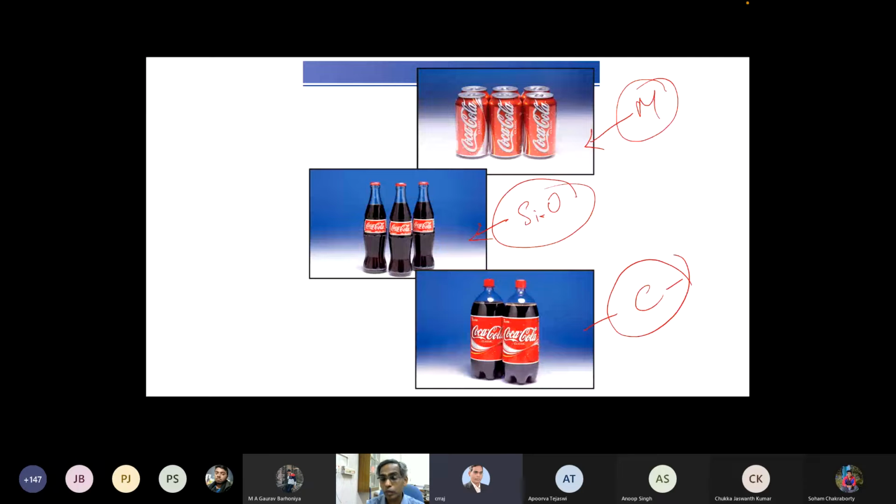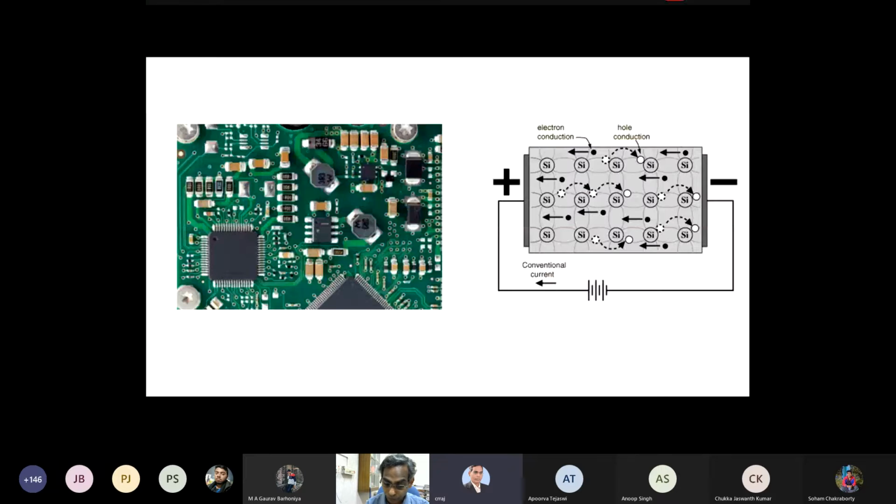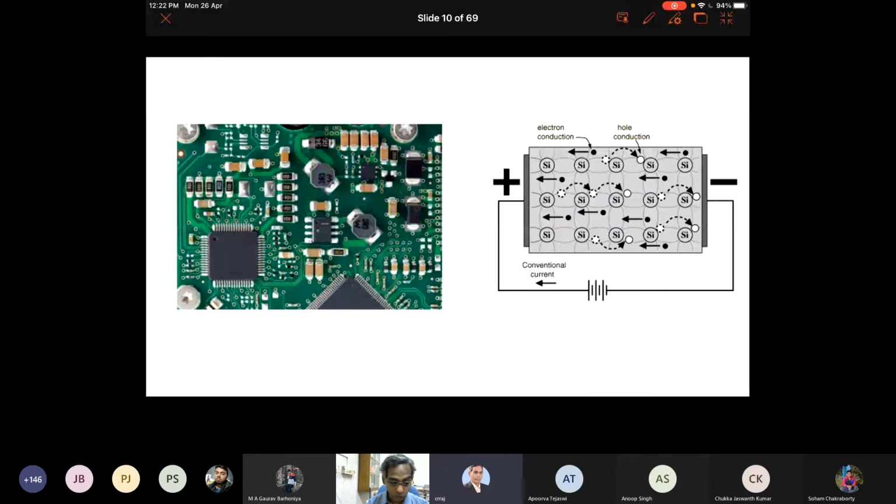They are basically made up of semiconducting materials, not all of them, some of them. Again, bonding comes into the picture. Though we will not be studying the semiconducting properties of inorganic materials, there is one example, a semiconductor, that comes up in practical applications.